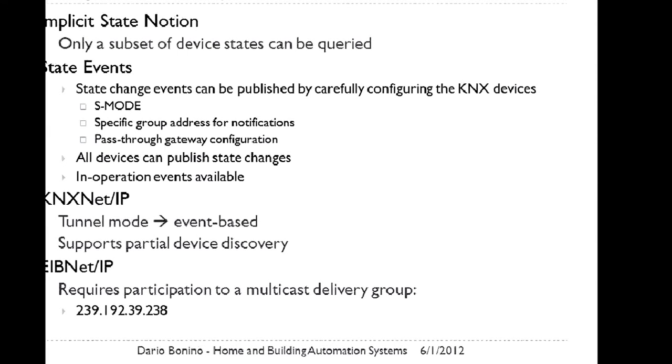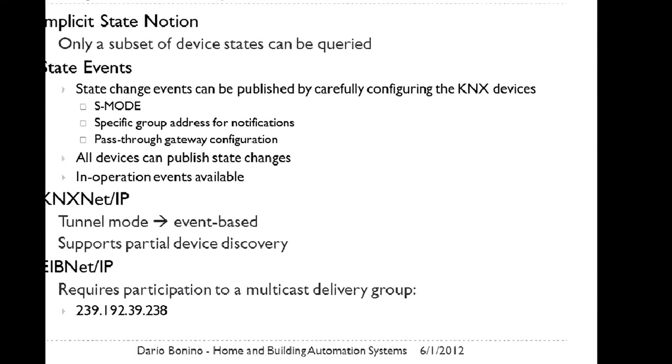Because the tunnel mode is the one which allows tunneling frames from one network, from one area to the other. And that's the only communication mode where the frames running in a specific network area are passing through the gateway for going towards another area. And we need to work in that mode because otherwise we cannot listen on the network.